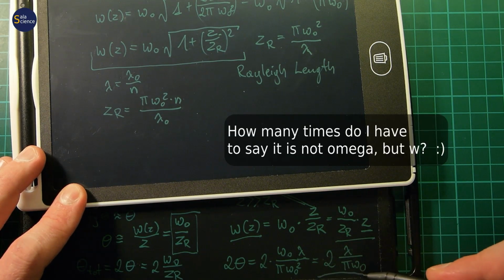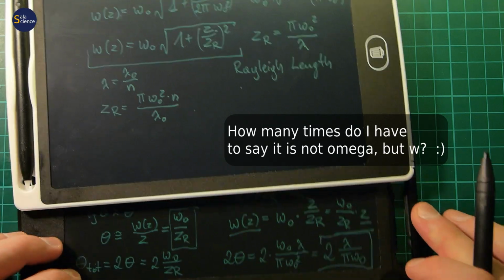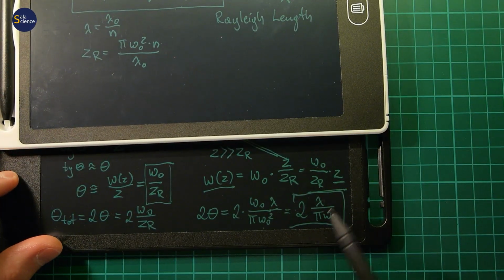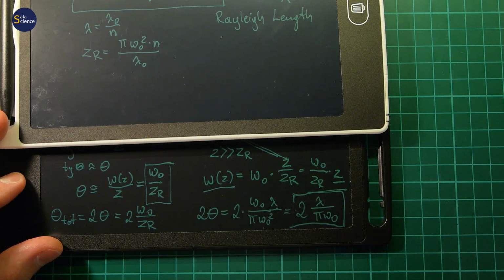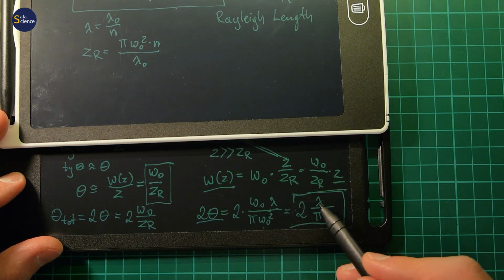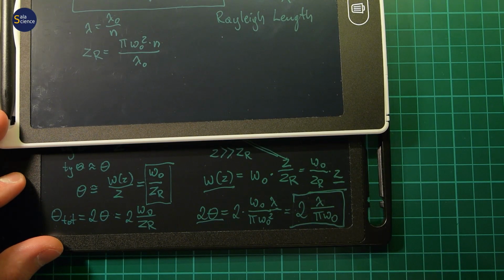So this is the angular spread far from the waist. So the beam increases its width linearly. So this angular spread equals 2 times lambda over pi W0.